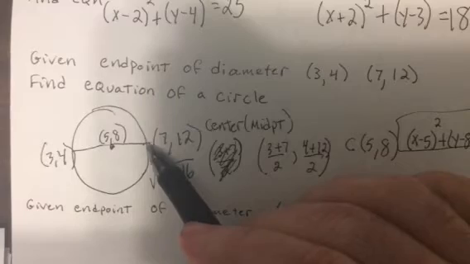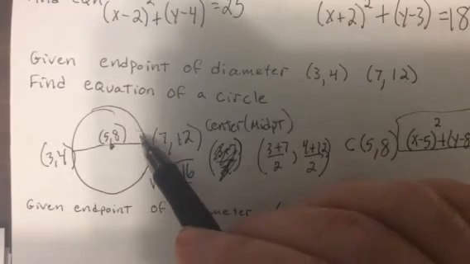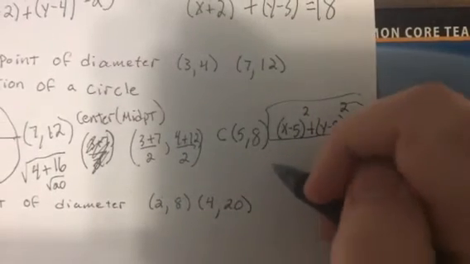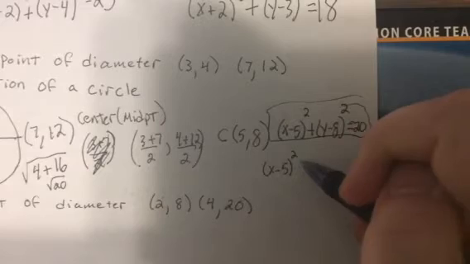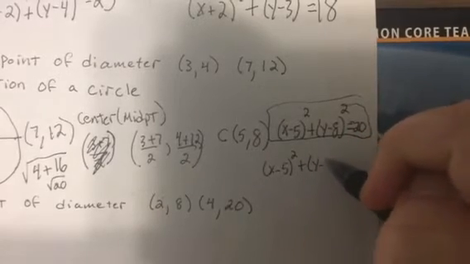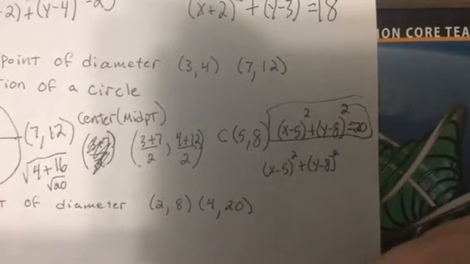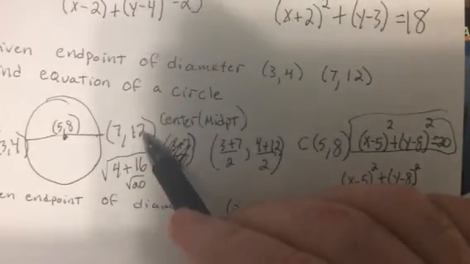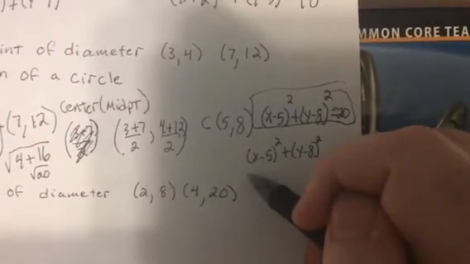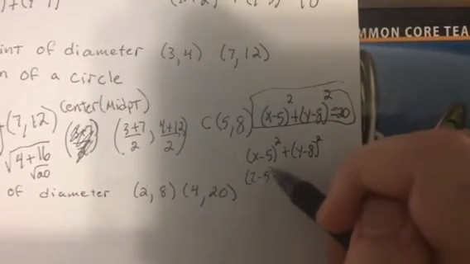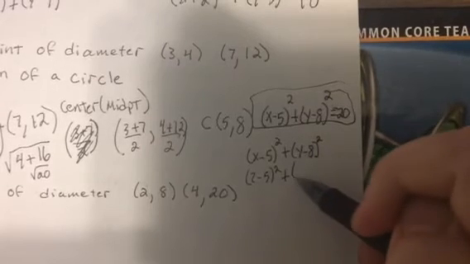So, if an endpoint is on a circle, it means when I put it into the equation, it causes it to be true. So what I can do is take the center part of the equation and plug in an endpoint and see what I get. So one of the endpoints is (7, 12). I think that's what I said. Yep, (7, 12). So I'm going to put 7 in here, plus 12 in here.